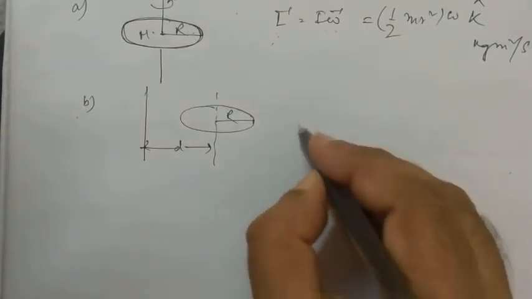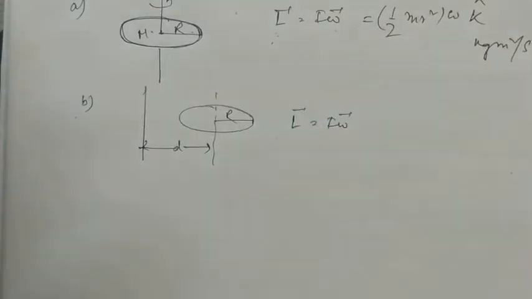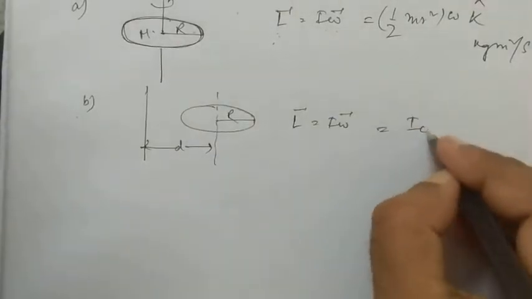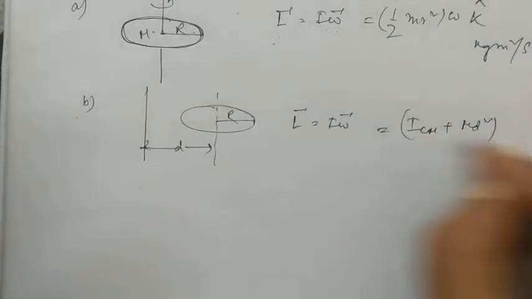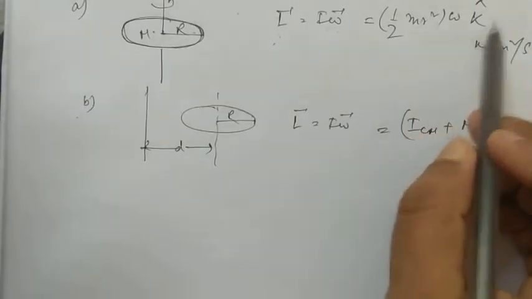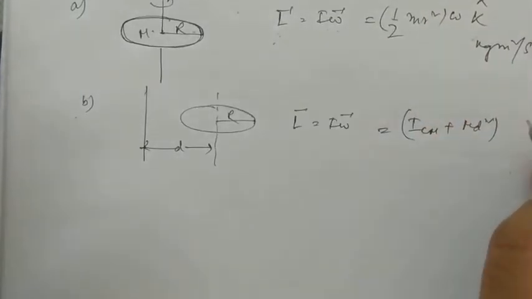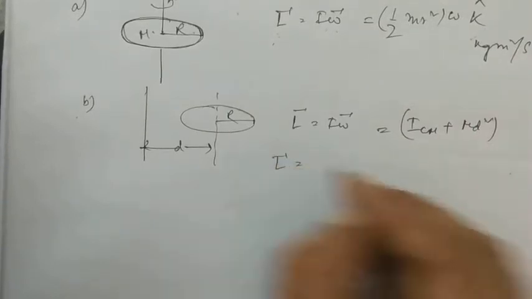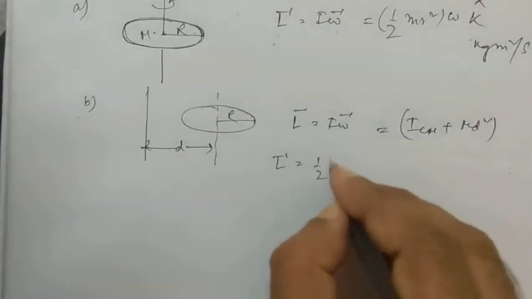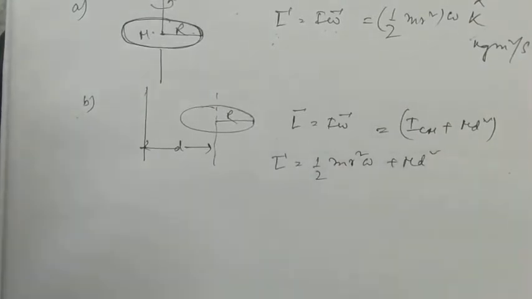That means we have to use the principle of the parallel axis theorem. That means it will be equal to I CM plus M D square. Now we have already found out what is I CM, that is half m r square omega k. So we replace all the values, that is half m r square omega plus m d square.